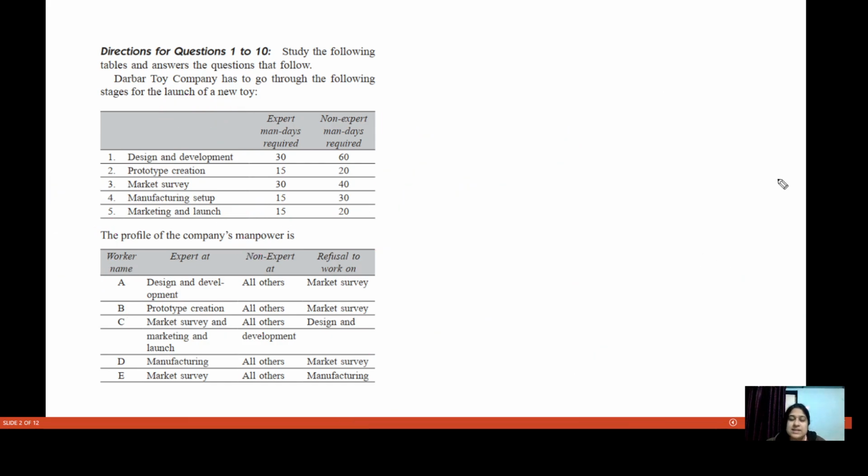So in design and development, let us say A, B, C, D, E, these are all five persons. We have to calculate which one is doing the maximum amount of the work. So this A person is expert in design and development, and he is doing 100 by 30 of the work, that is 10 by 3% of the work in one day.